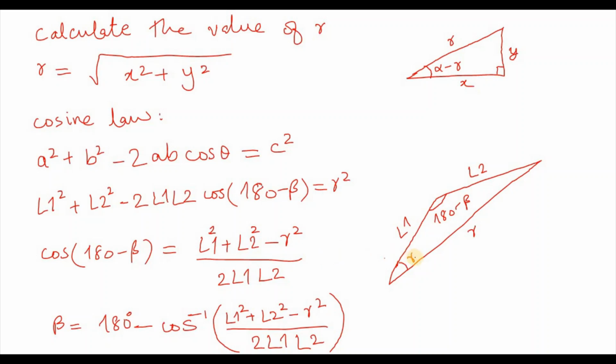To calculate angle gamma, we need again to apply the cosine law, but this time the central angle will be angle gamma, the two sides will be L1 and R, and the opposite side will be your L2. So let's apply one more time the cosine law.